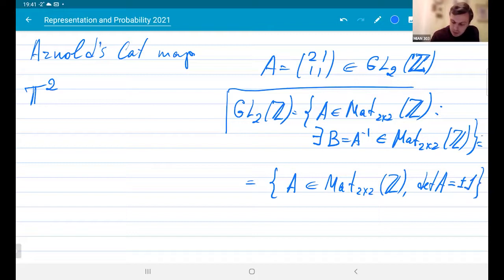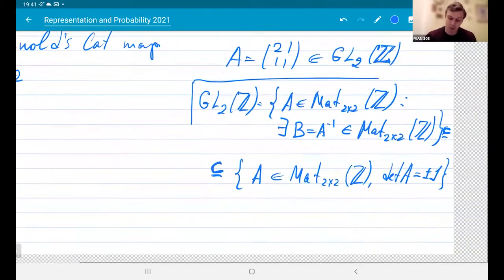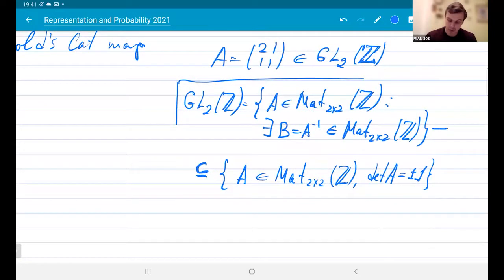And we have proven this inclusion: every such matrix has determinant plus or minus 1. But in fact, the converse is also true, because you know the formula for the inverse matrix in terms of the algebraic complement.